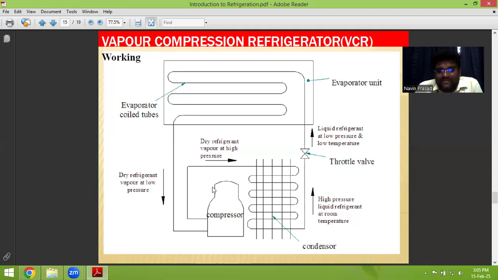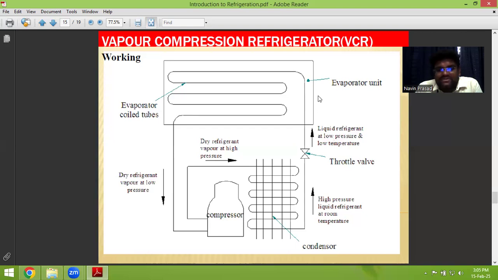So the dry refrigerant vapor comes out from the compressor, and when it comes out of the condenser, the dry refrigerant vapor is converted into liquid refrigerant at room temperature. After that, it reaches the throttle valve, and while coming out of the throttle valve, the liquid refrigerant is expanded, so the pressure gets low.